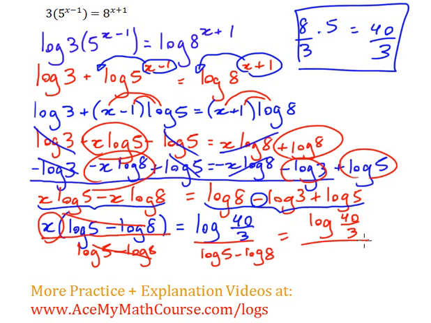Log 5 minus log 8 is actually log 5 over 8, because we can just divide the contents of the log once we subtract. And finally, if I want to be a bit of a perfectionist, I can write this as log 40 over 3, and the base is 5 over 8.